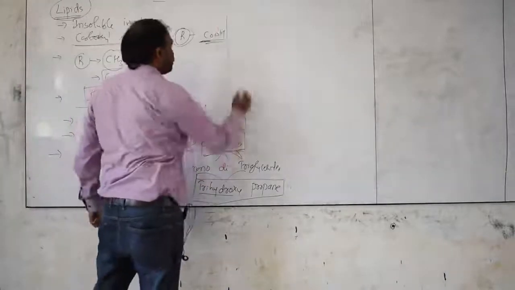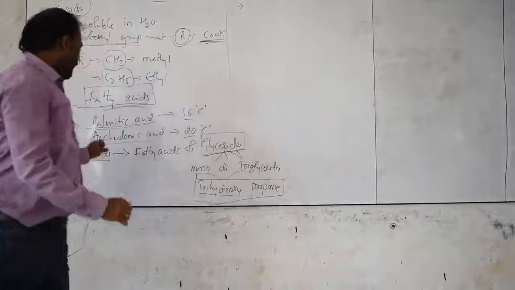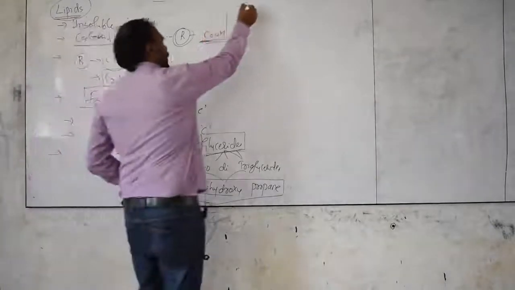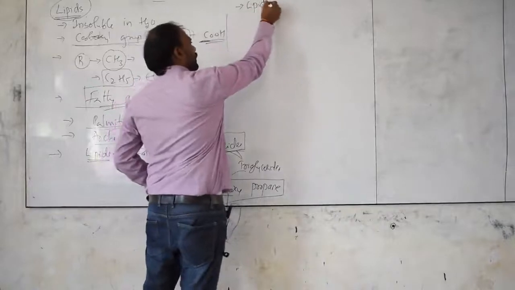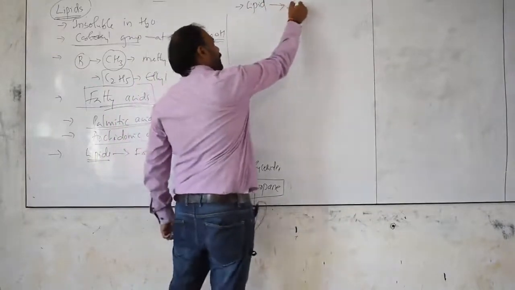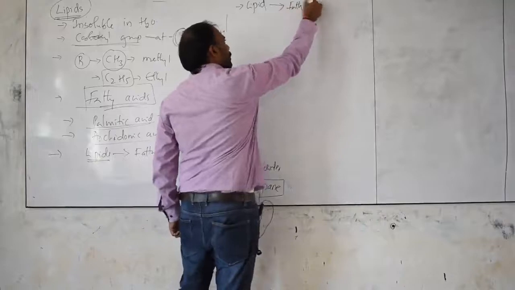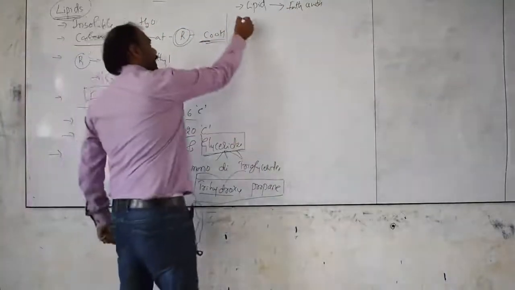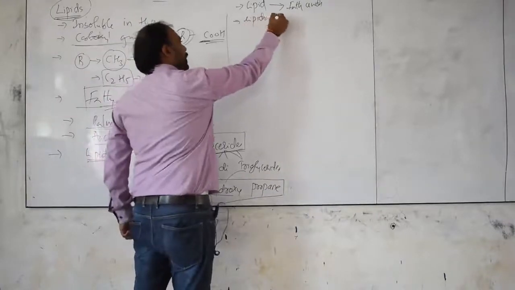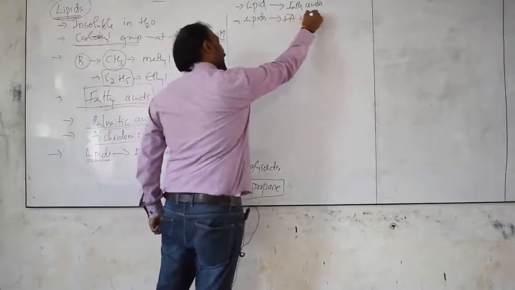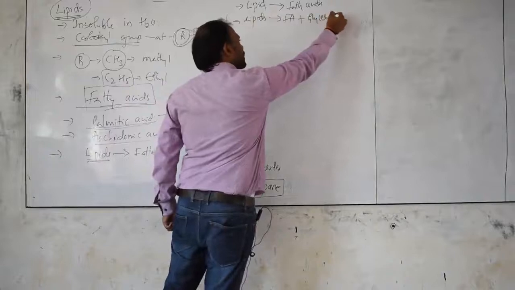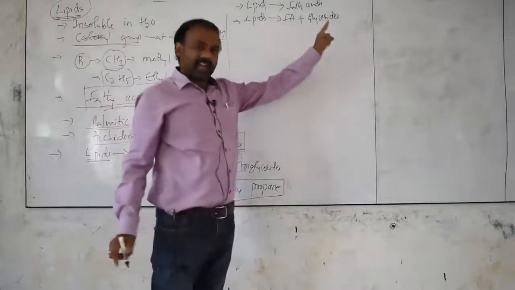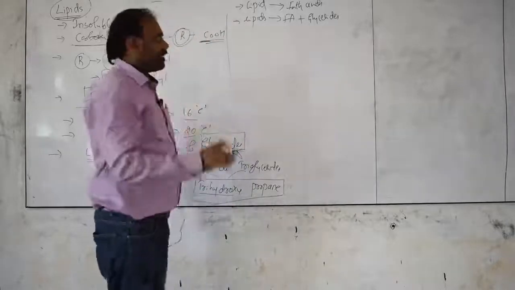At the same time, when we have lipids, sometimes the lipid is made up of only fatty acids, and sometimes it is made up of fatty acids as well as glycerides.